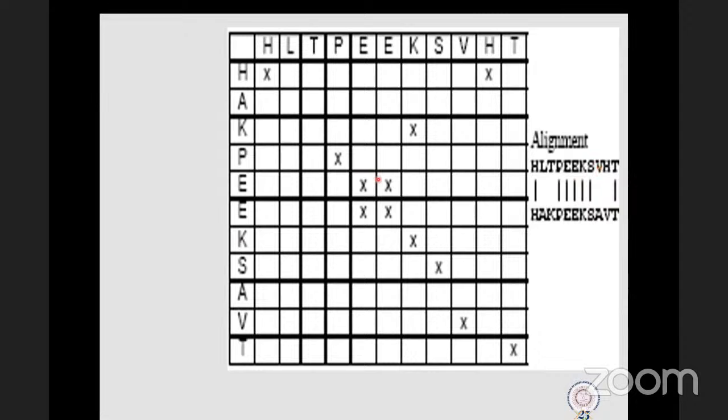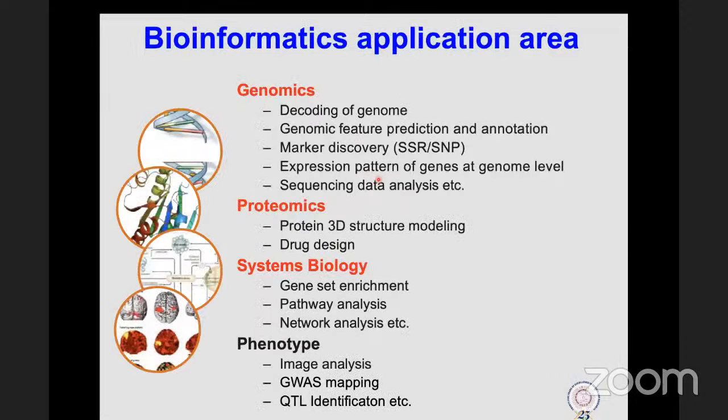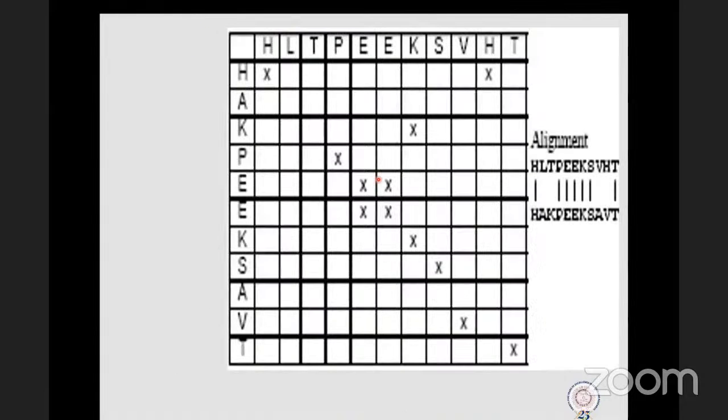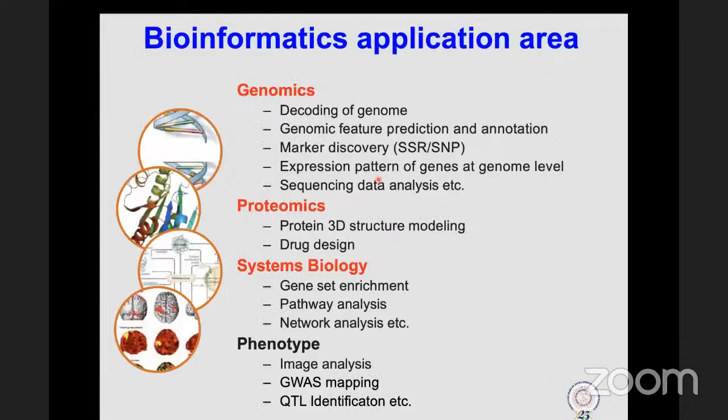This is how they did the similarity search. But after the discovery of BLAST, it became automated, and alignment became much faster, not manual.